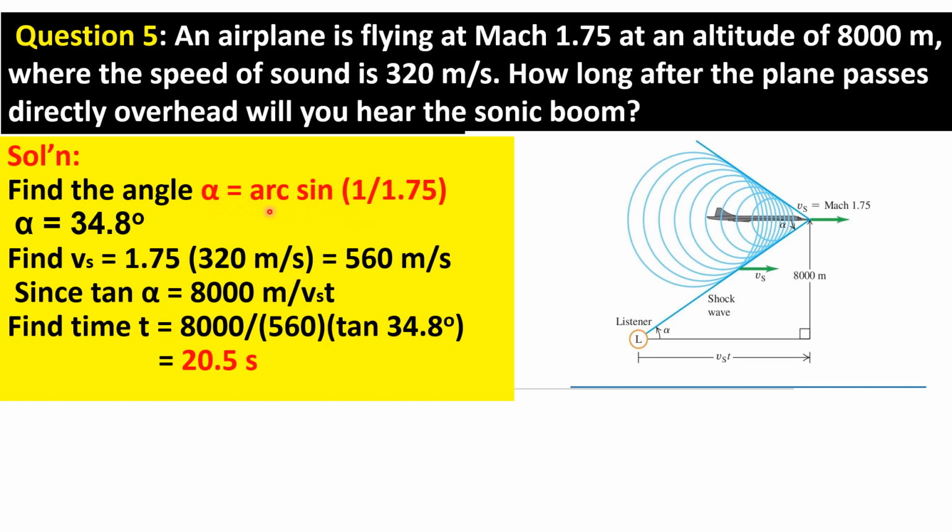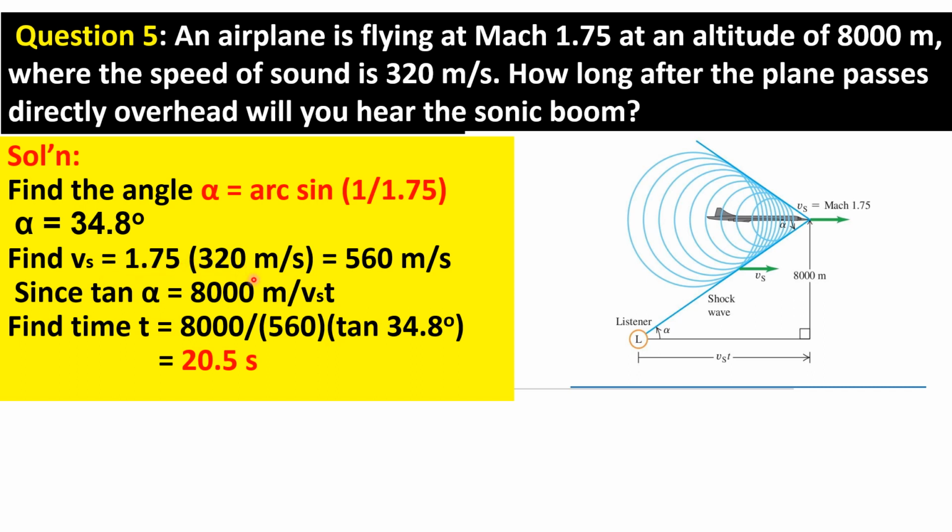Alright, so with the help of your calculator, it turns out that the angle alpha is equal to 34.8 degrees. Knowing that, we can proceed in determining the speed of the airplane in meters per second, given its Mach number, 1.75.